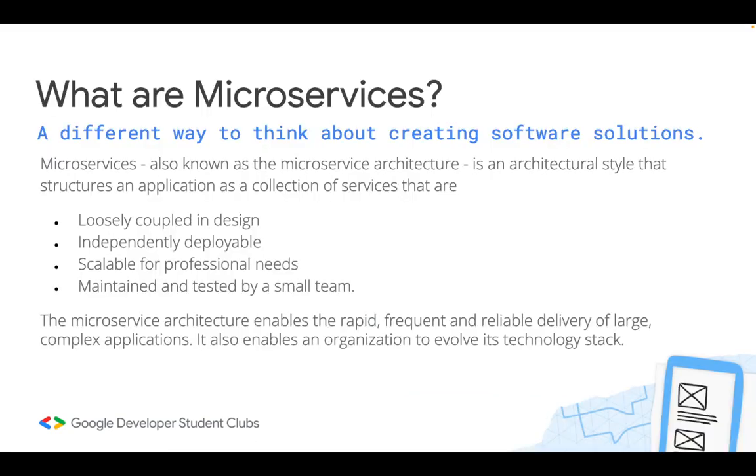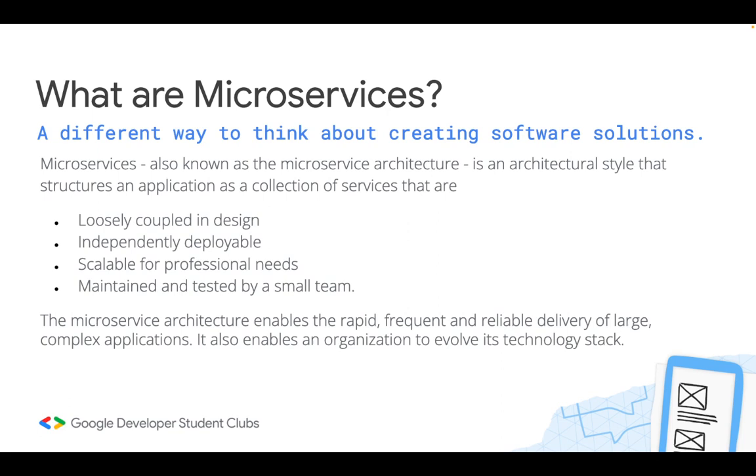If you've ever heard the term distributed computing, that's something microservices is intimately a part of. A microservice is essentially a different way to think about composing the software you're writing. As opposed to a monolithic architecture, where every aspect of the software is contained within the binary executable, a microservice is loosely coupled and independent of one specific solution or implementation.